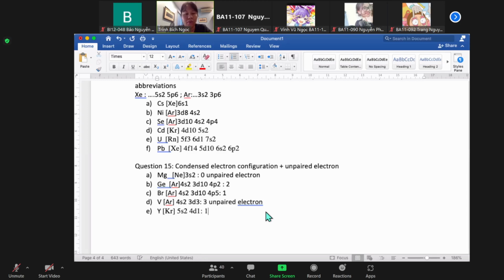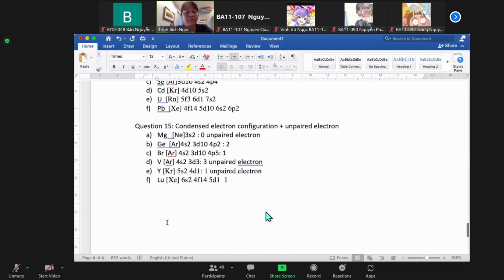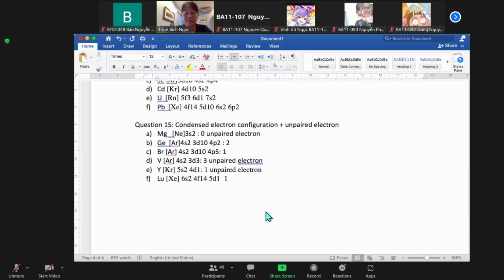So 1 unpaired electron and F. For lutetium, so you will have 1. Okay, so we finished the question 15.